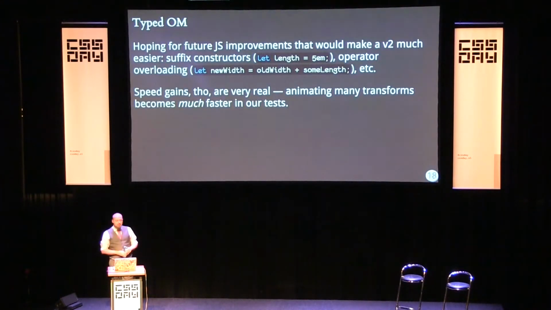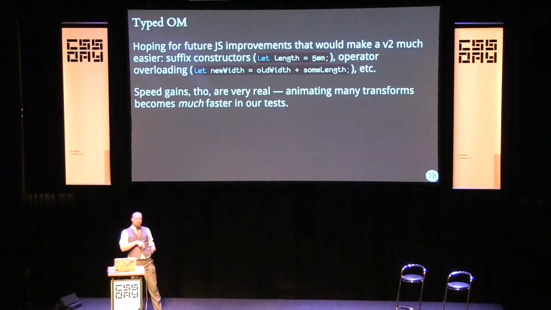There's a benchmark that, not a real competitive benchmark, but just something showing off the results of this all, that has like 1,000 elements on the page being transformed around, just translated around the page, and updating them in a RAF loop, a request animation frame. And if you do that with the existing CSSOM, like 2/3 of your frame budget is blown just on string parsing.